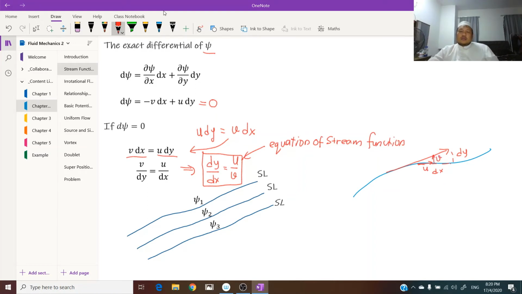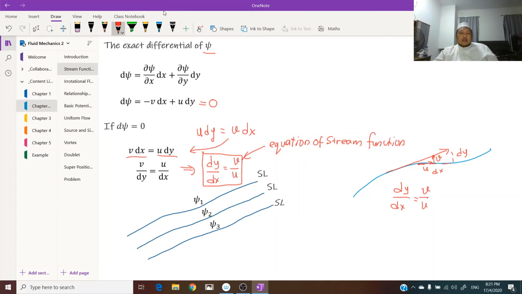So from these equations, you can get dy dx equal to v, sorry, this is a mistake here. I made a mistake here. So this is not this one. This is the v.